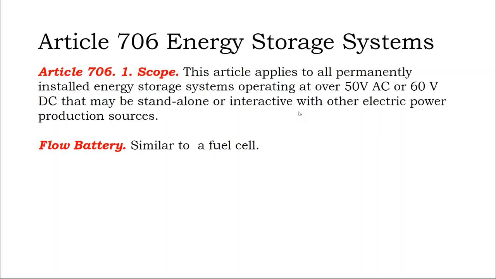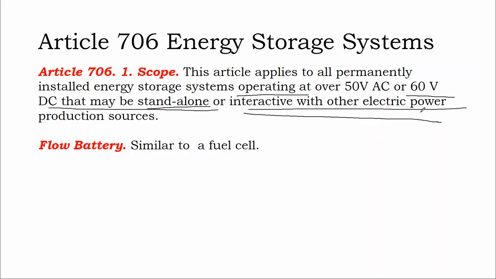Now we're making it almost all the way through code, so just a few minutes left, and we'll get there. This is our last section, Article 706, Energy Storage Systems. We already saw a section in 480, General Equipment for Batteries. This is saying battery systems that are operating at over 60 volts DC, that may be standalone or interactive with other power production sources.